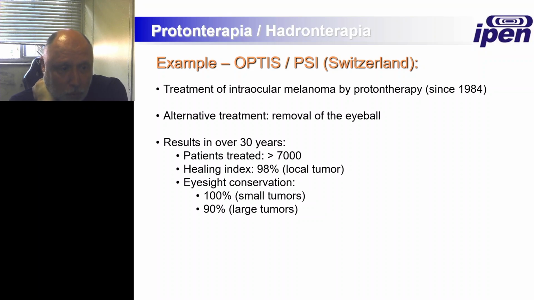And for small tumors, in 100% of the cases, you will conserve your eyesight. And if you have a large tumor, that decreases a bit to 90%, compared to removing your eyeball, right? So you see the difference we have here. This is what proton therapy can do, and that's really something, but it's expensive.